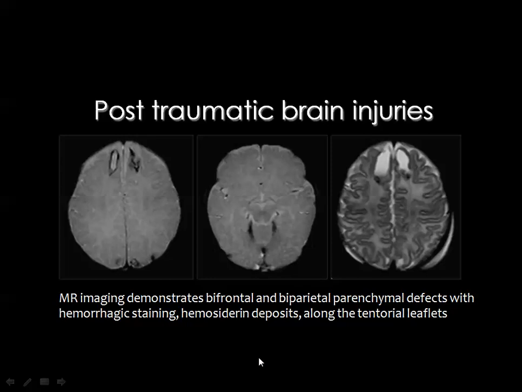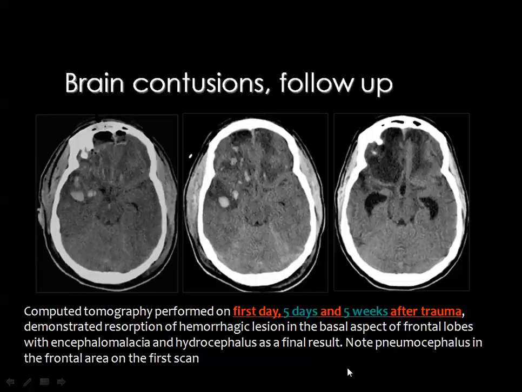The contusion will appear mainly of low signal in T1 and high signal in T2, except the hemorrhagic component, which will appear according to the stage of the hematoma. So if you are confronted by a cerebral contusion and you are doing follow-up exams, this is the usual sequence of events.